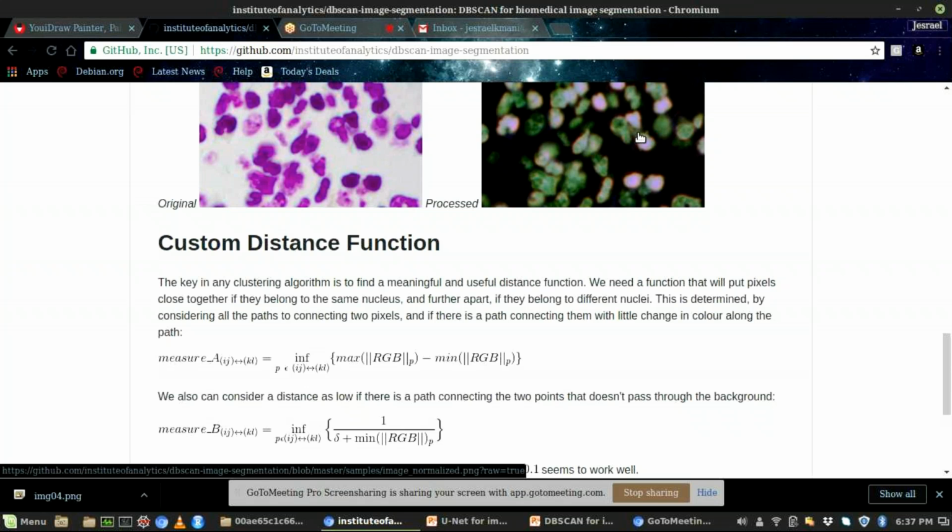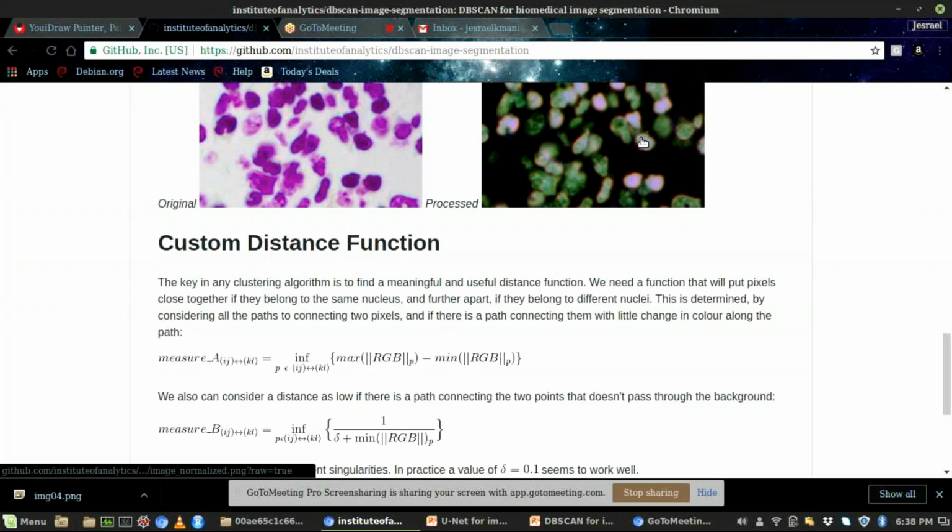So in going from point ij to point k along a path, you have to look at the change in color, which I have defined as the norm of RGB: along the path you just take the root of r squared plus g squared plus b squared. Black is 0, white is 1, and you see the difference between the two.